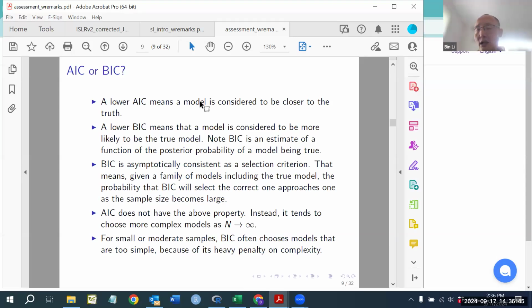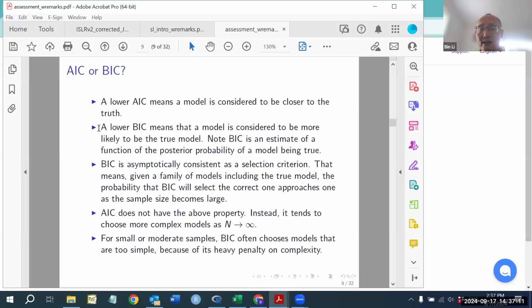But AIC does not imply that the optimal model with the smallest AIC value is the true model. It just indicates the model is closest to the truth. BIC is the model that has the highest probability to be the true model.